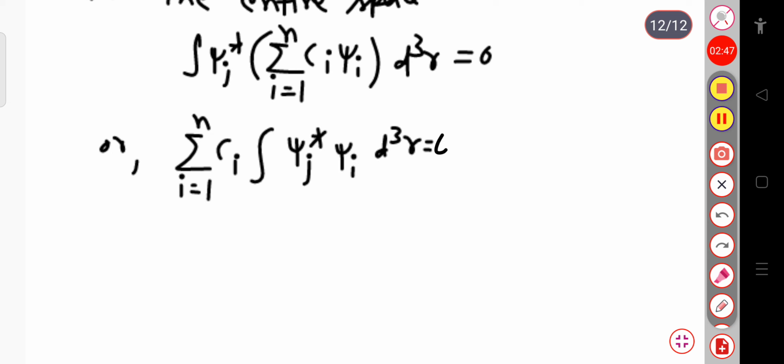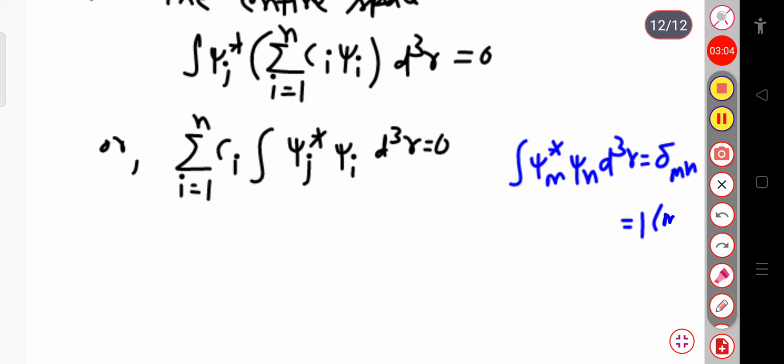And also from the orthonormality condition we know that if I integrate psi m star into psi n dτ, then its value is equal to delta mn. Its value is 1 when m is equal to n, and 0 when m is not equal to n.